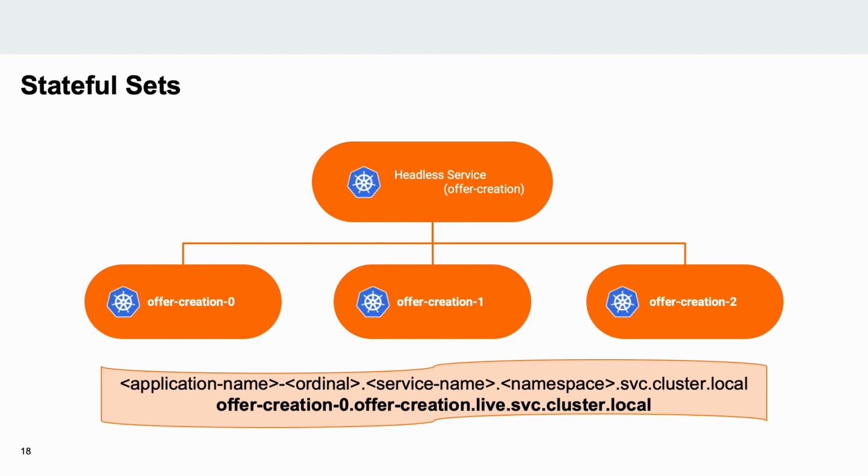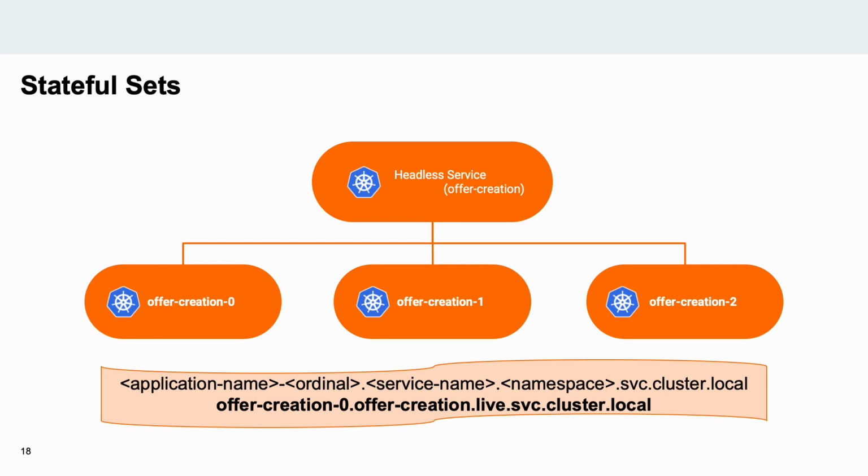A stateful set is a workload API provided by Kubernetes that manages pods and provides us with guaranteed ordering. So if you create a stateful set, it will create pods. For example, here the application name is offer creation, so there will be pods like offer-creation-0, 1, and 2. It has a guaranteed ordering.